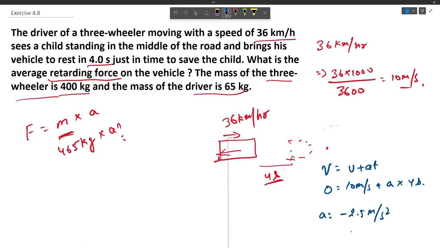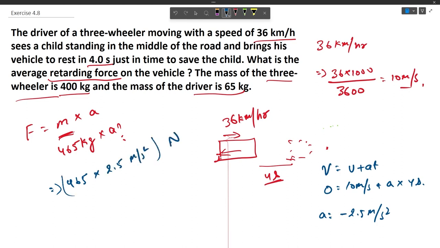So substituting this acceleration in the equation of force, we will have 465 multiplied by 2.5 meter per second square.